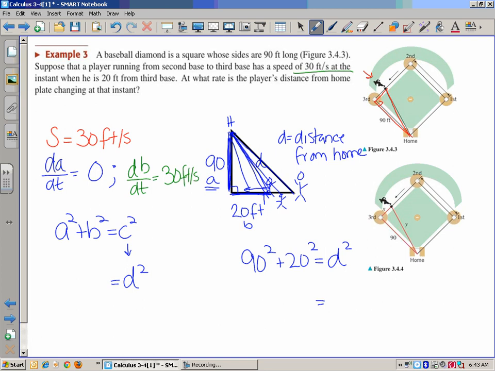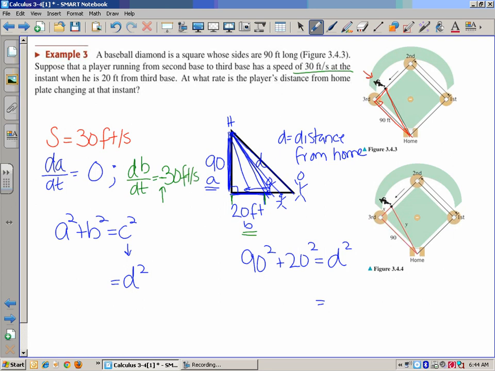Now, if B is defined as my distance to third base, then that distance is decreasing, which means I need to put a minus sign in front of the dB/dt. Okay? The distance from third base B is decreasing, I need the minus sign.